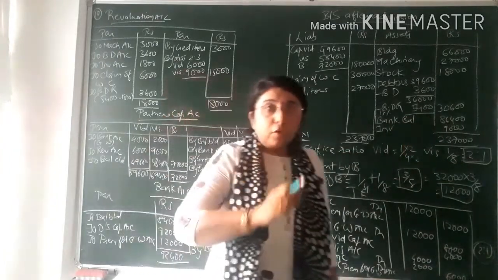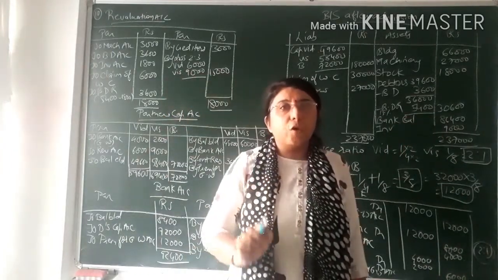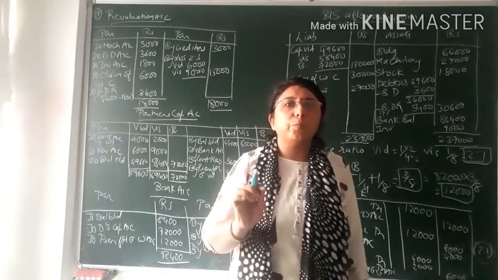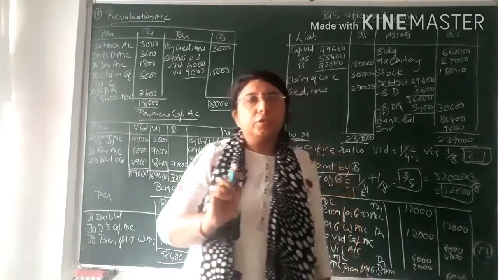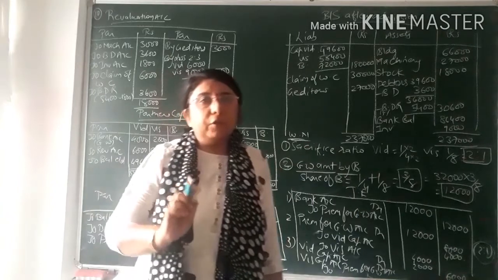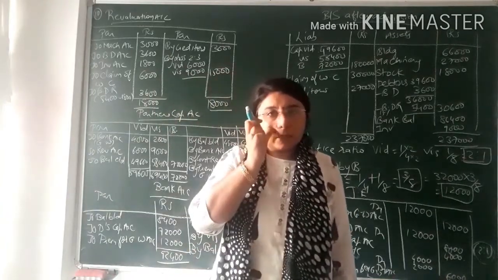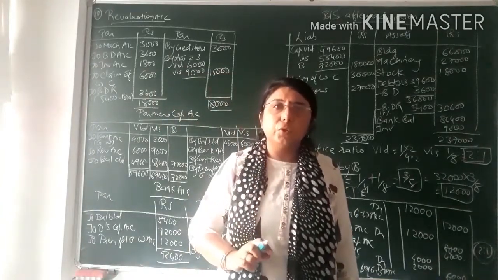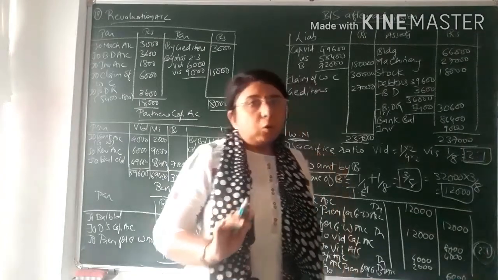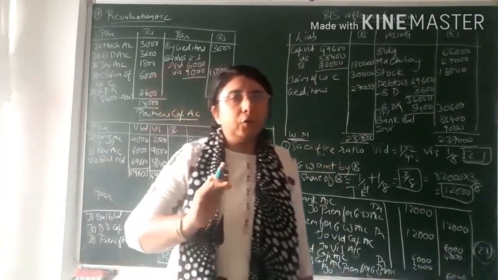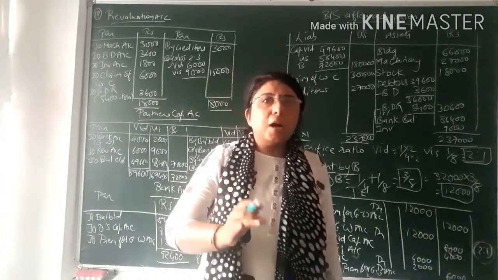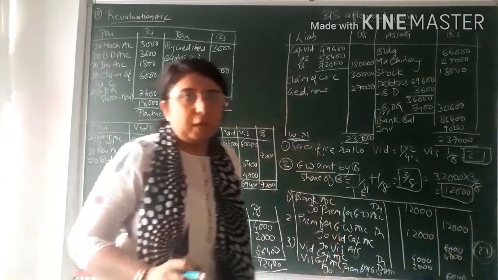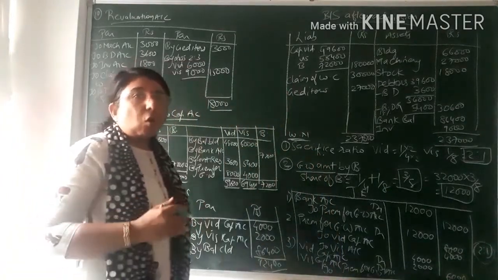Now students, out of 5,400, the firm already has a provision of rupees 1,800, which you can see in the balance sheet given in the question. That is the bad debt reserve, the last entry on the liability side, 1,800. So out of 5,400, 1,800 you already have, but for the remaining amount you have to make the provision. That will occur as an expense or loss for the firm.